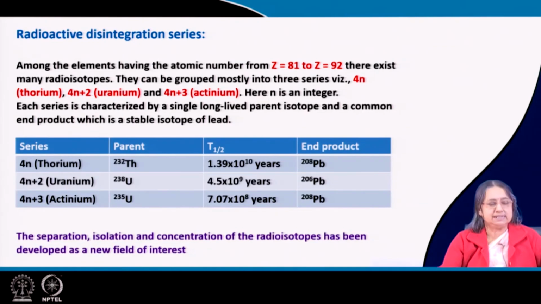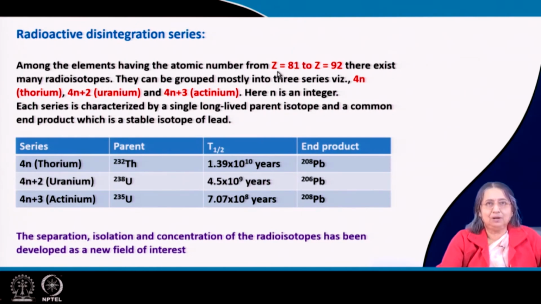Radioactive disintegration series. There are many radioactive elements that we know, and mainly among the elements having the atomic numbers from Z equals 81 to Z equals 92, in this range there exist many radioisotopes.